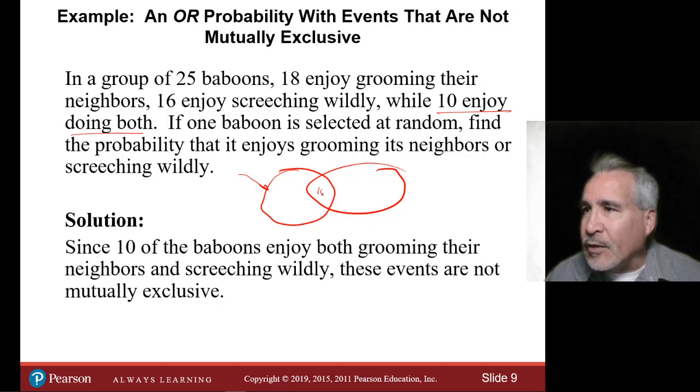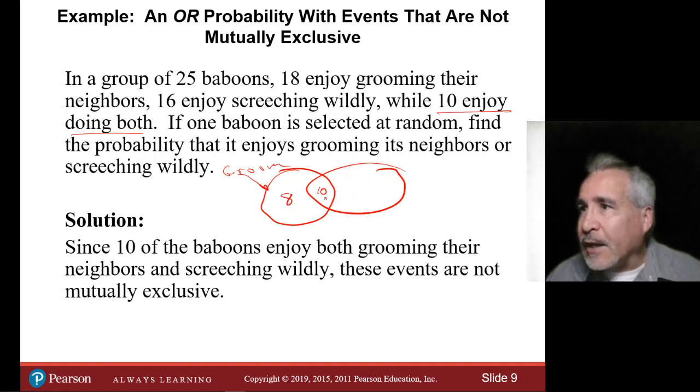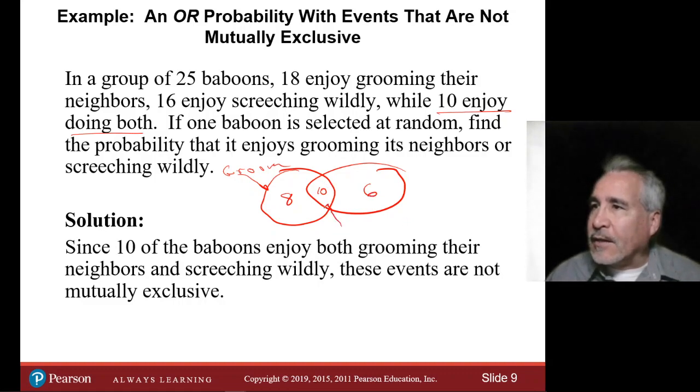So there's 10 that enjoy doing both. There's 8 that only like grooming, but here's the 18 that like grooming. Over here, the ones that like screeching wildly, we've already counted 10 of them, so there's another 6 here. Notice this is the part that is not mutually exclusive. So what do we have to do?